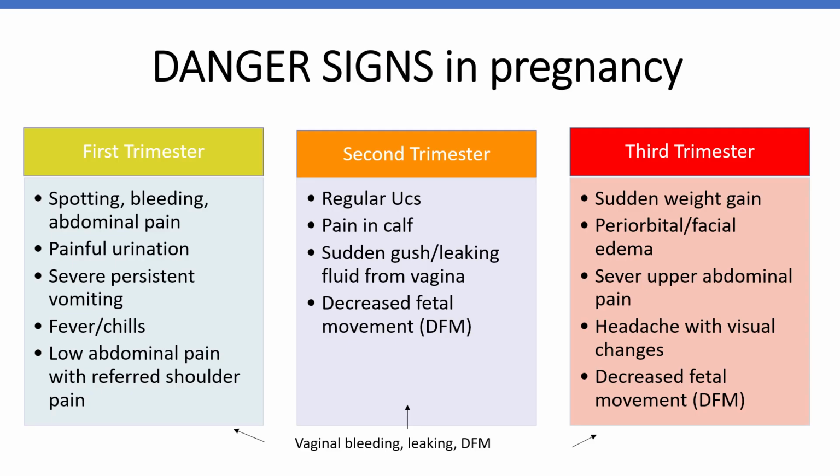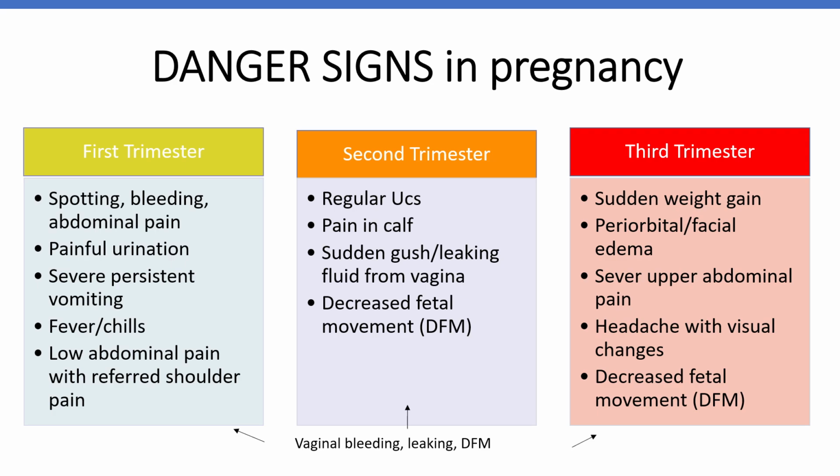Very important to know the danger signs in pregnancy. Please review this chart for your first trimester, second trimester, and third trimester in pregnancy. Obviously, if any of these danger signs are occurring, we definitely want to recommend that the patient calls her provider and or goes to labor and delivery, so that she can be assessed immediately.